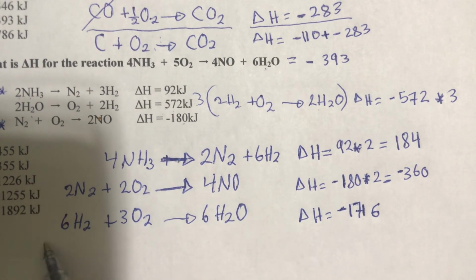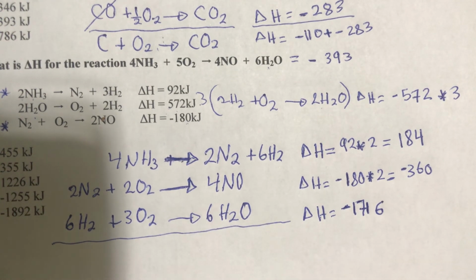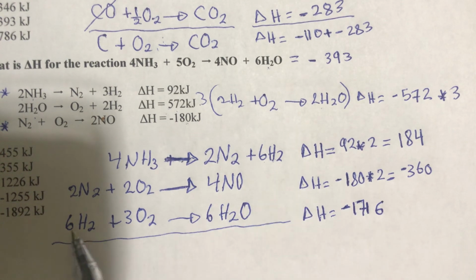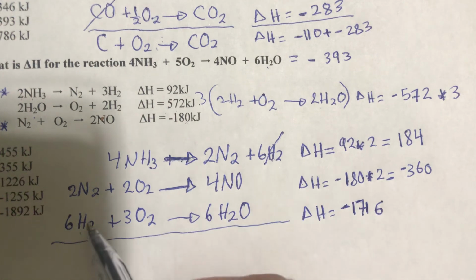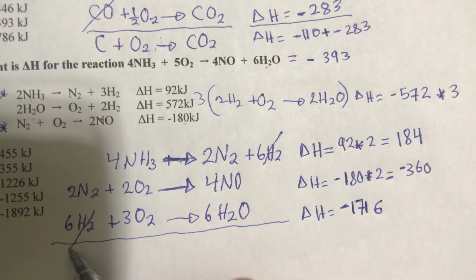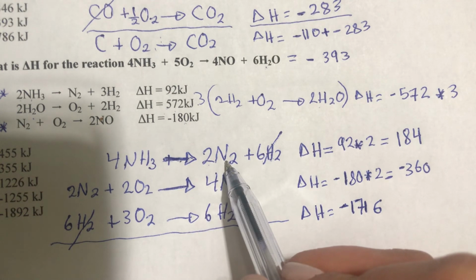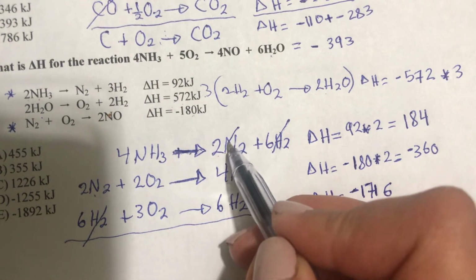Now if you add these reactions to each other, here 6 mole of hydrogen in the product and here 6 mole of hydrogen in the reactant, you can delete it. And here you have 2 mole of nitrogen in the product, and here you have 2 mole of nitrogen in the reactant, you can delete it.